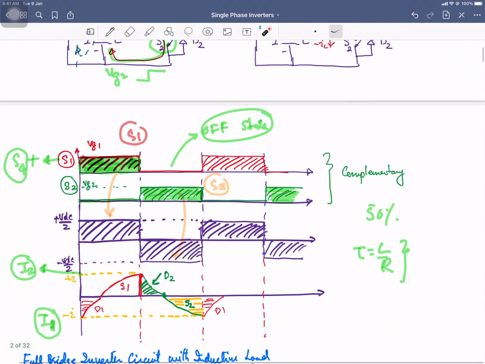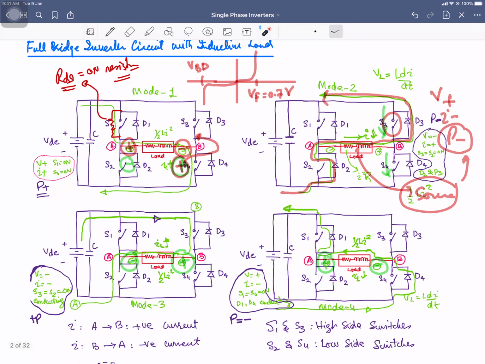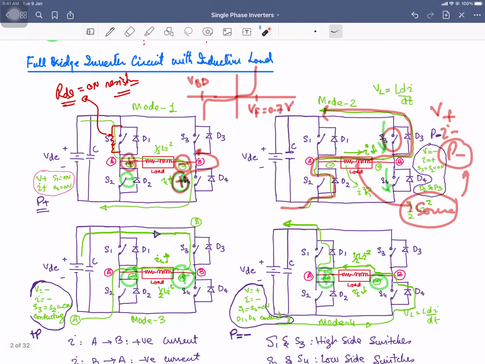But over here we are not dividing this voltage, rather the whole of this VDC is applied across the load. So load voltage will be equal to VDC, double as compared to your half bridge inverter, and that is the biggest advantage of the full bridge circuit, H bridge circuit, that you will be getting the double voltage.